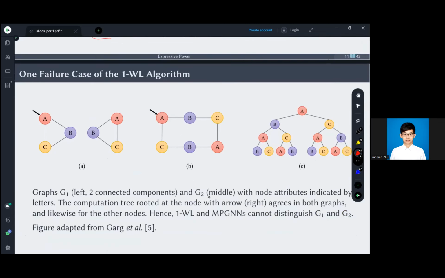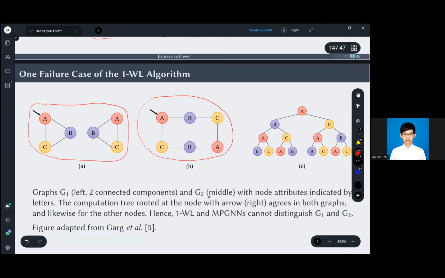So let me give you another example here. There is an input graph G consisting of two independent connected components, and we have another graph G prime consisting of 6 nodes, but they are connected to each other. And when you run the one-dimensional Weisfeiler-Lehman algorithm on the two graphs, it will give you the same embedding.